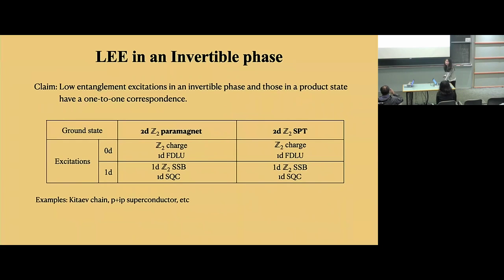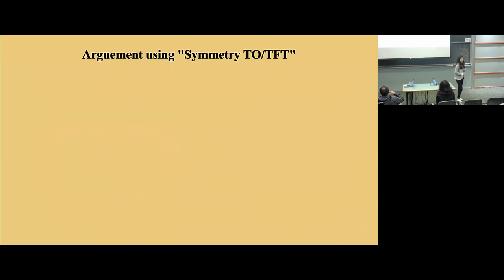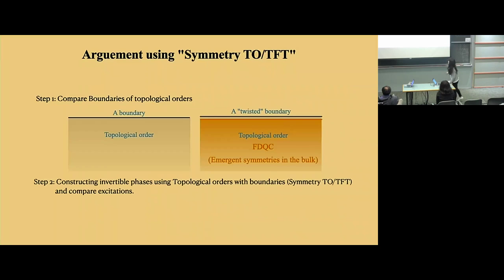So now let me show you how we get these results using this symmetry TO TFT construction that Xiaogang has discussed. But I will focus on how to use it on the lattice. So the first step, we are going to study the boundaries of topological orders. In particular, we will compare different boundaries of topological orders.